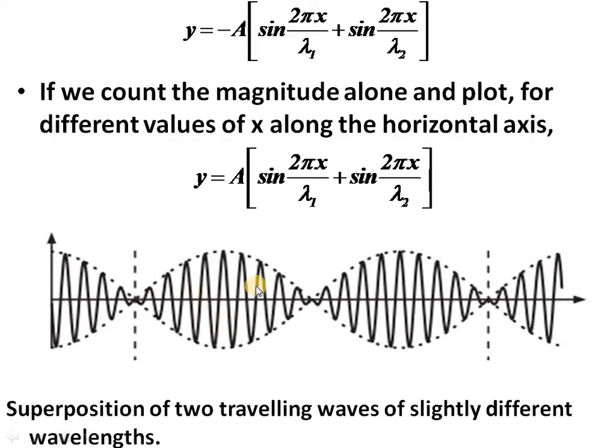What does this plot indicate? It's a pure two-dimensional graph. You can see that initially we had two waves of constant amplitude, of different wavelength or slightly different wavelength. When they start propagating in the medium, you get what are called intermittent pulses, alternately varying intensity pulses.